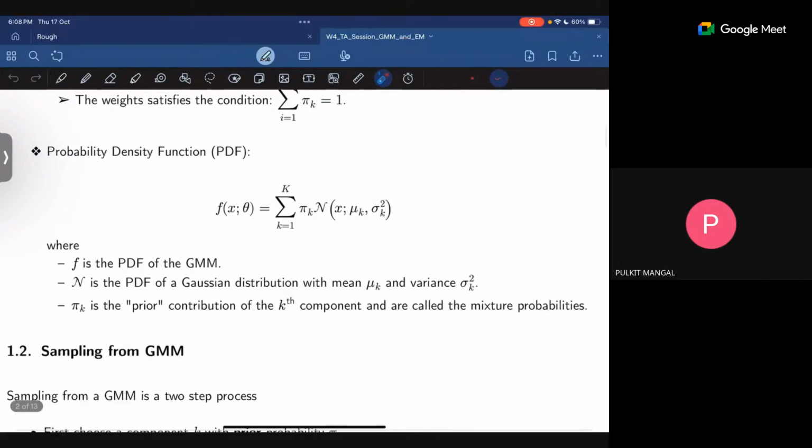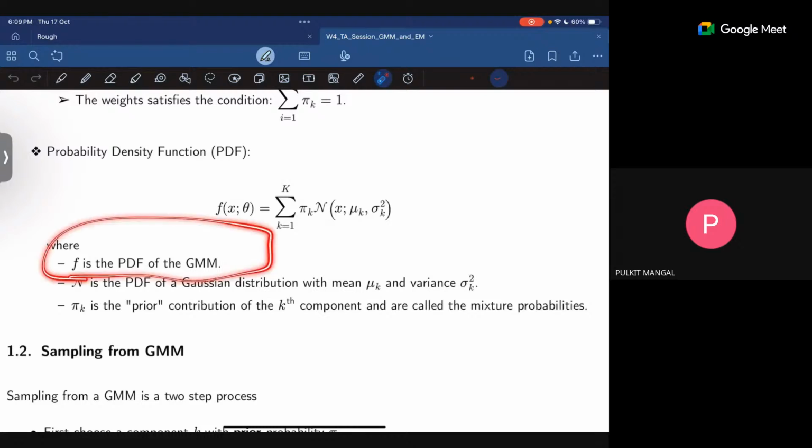The next main thing is the PDF for the GMM. Maybe we will come to this part a little later, what this PDF actually means. But if you want to understand it, it is basically the probability by which you select your component multiplied by the PDF of the normal distribution from which you are sampling, and we sum this up for all components.